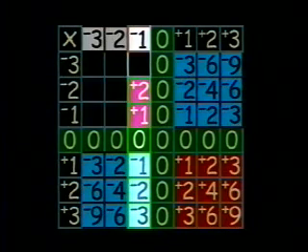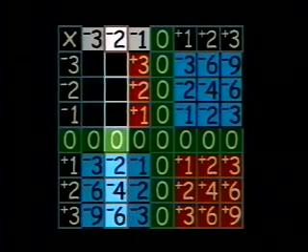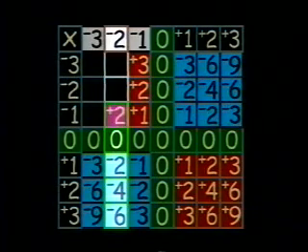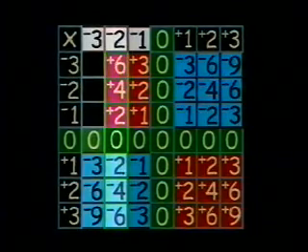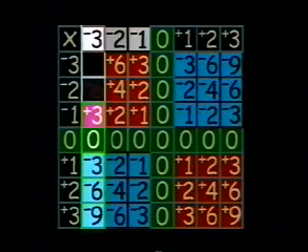Positive 1, positive 2, positive 3. Next column. Negative 6, negative 4, negative 2, 0. And here we go. Positive 2, positive 4, positive 6. And here's the last column. The table's complete.